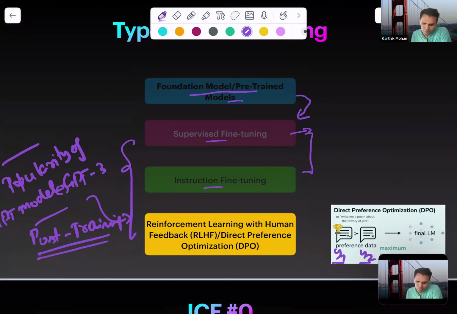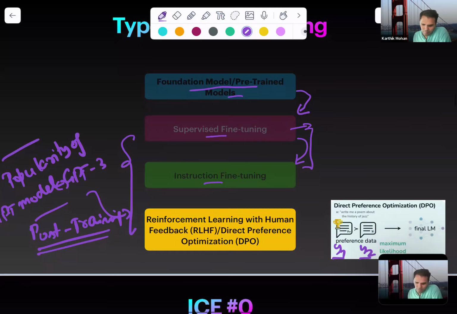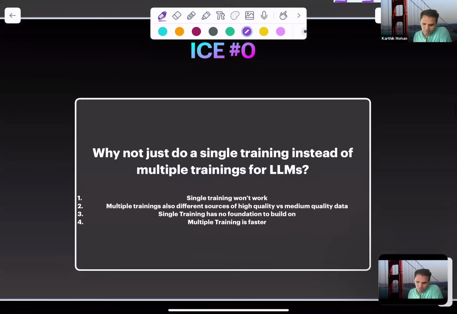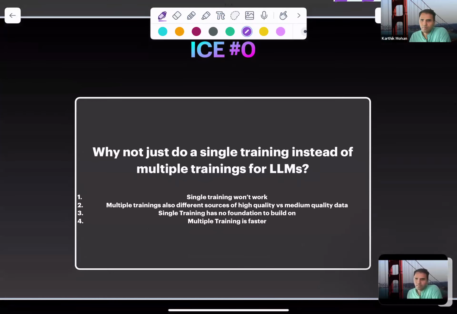Instruction fine-tuning is fine-tuning for instructions, just like you would instruct a GPT model. So your prompts come up in instruction fine-tuning, whereas supervised fine-tuning doesn't have to have a prompt-based input and an output. Given this setup, maybe take a minute to think about this in-class exercise.